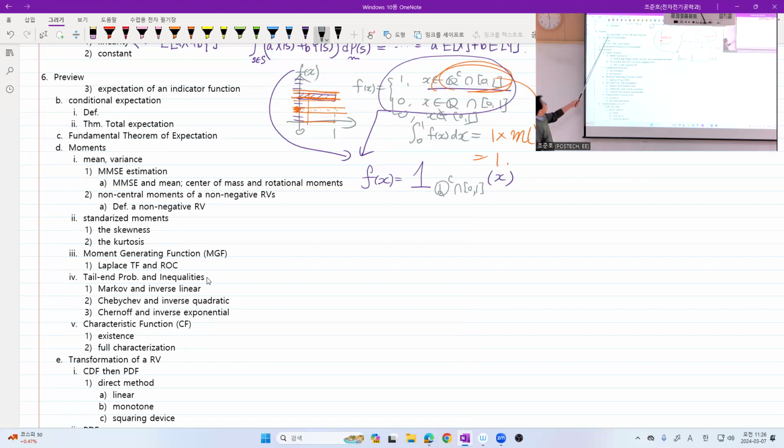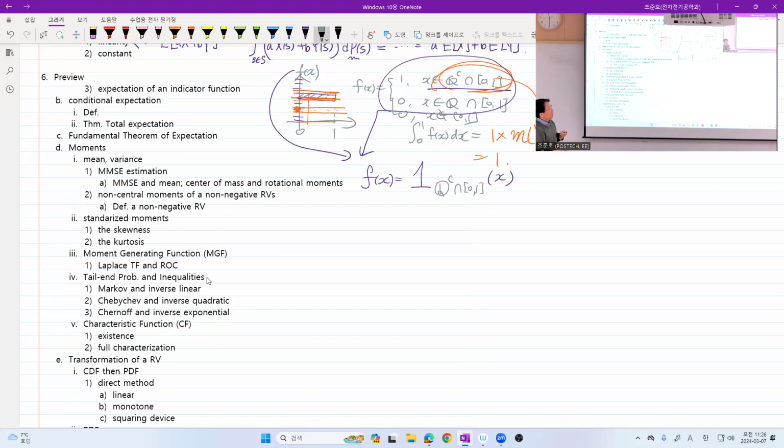Anyway, as we've done in our probability theory part, not only do we have a probability space, we can have a lot of derived probability spaces called conditional probability spaces, if we are given a single probability space.